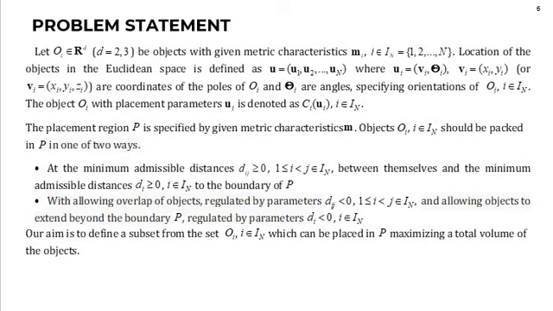Objects should be packed in the region in one of two ways: at minimum distances, ensuring objects are placed at minimum allowable distances from each other and to the boundary, and by controlled overlap, allowing objects to overlap or extend beyond the boundary regulated by specific parameters.